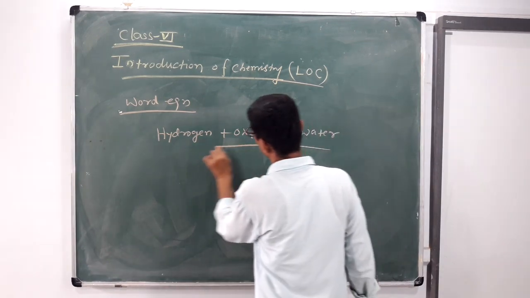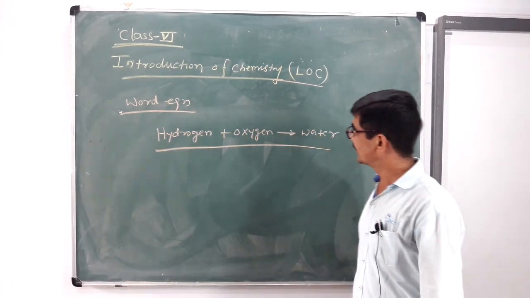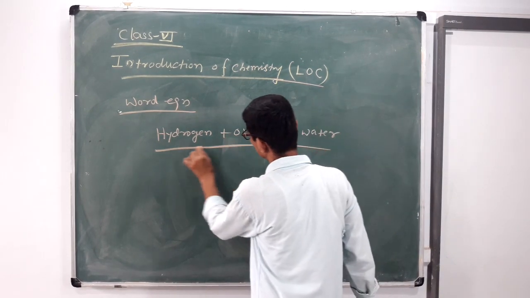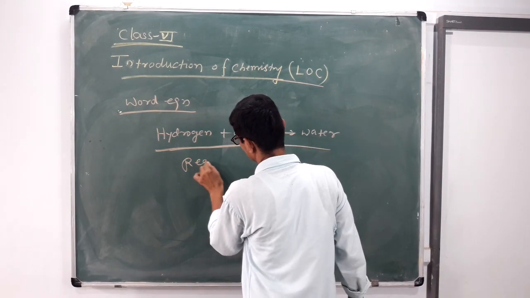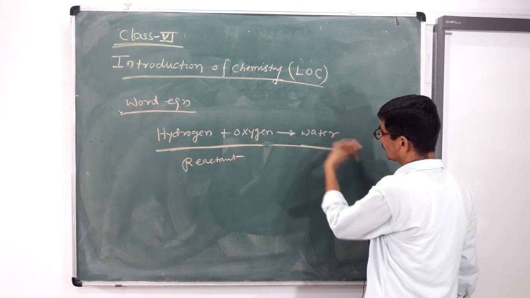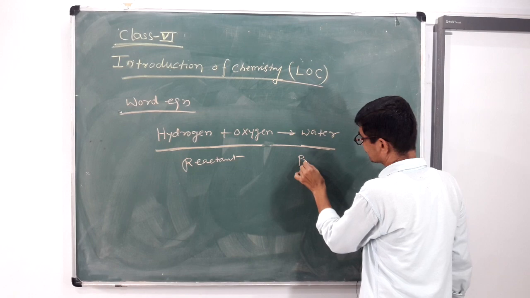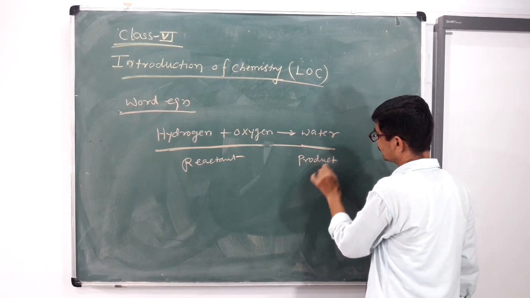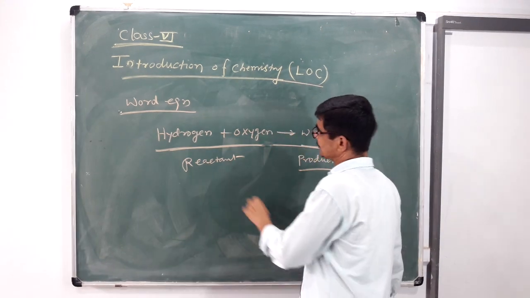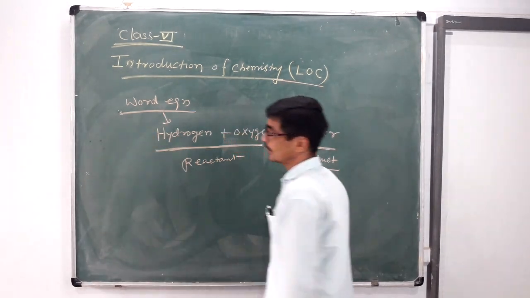This is called word equation. Hydrogen and oxygen are on the left side, so this is called reactant. And the product is on the right hand side. The compound which is present on the right hand side is called product, and the left hand side is called reactant. So this is called word equation.